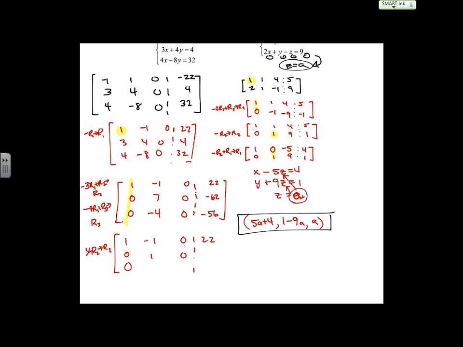It wasn't negative 63. That would have been much more fun. Negative 66 plus 4 is negative 62. Oh well. Negative 62 over 7. Last one stays the same.